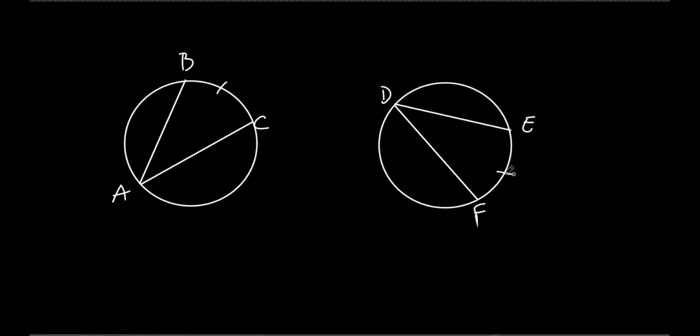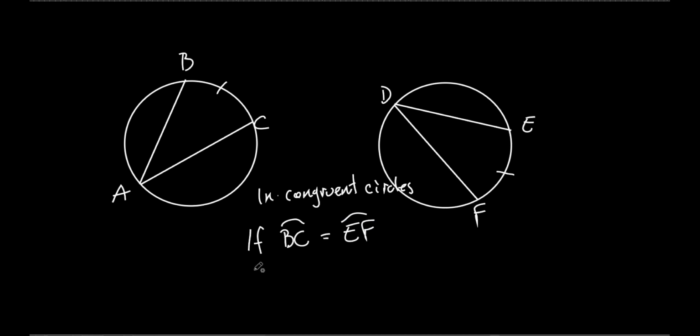Well, you know they're congruent circles. They do tell you that the circles are congruent, so they have to tell you that. So if this arc and this arc are equal to each other and they're congruent circles, what does that mean about angle A and angle D? Yeah, they're equal to each other. So basically it says this: in congruent circles, if arc BC is equal or congruent to arc EF, then what must be true?